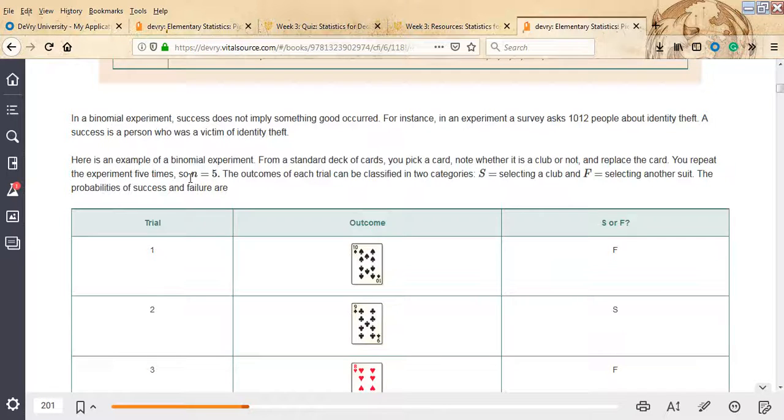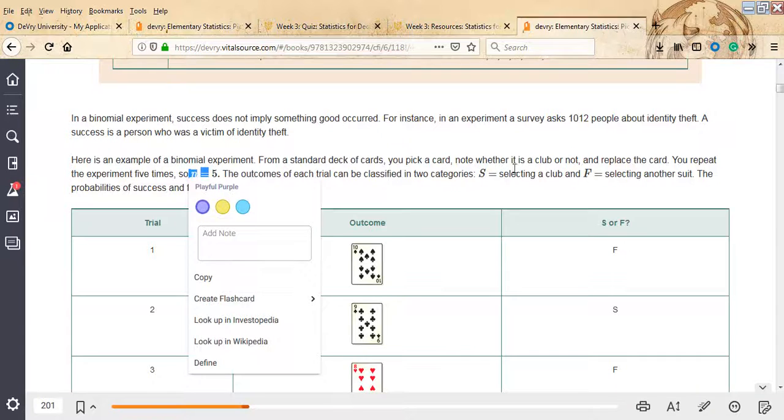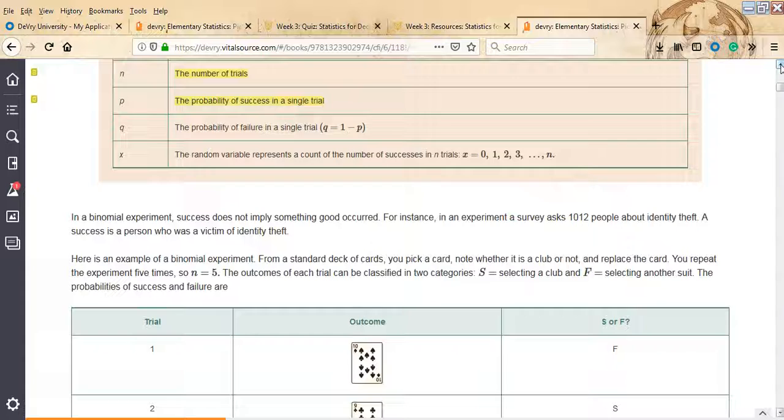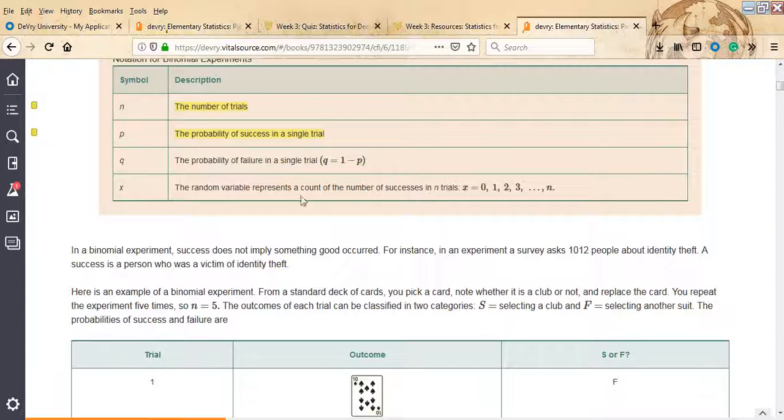So here we have the n is 5, and S, or success, which we've also called P. So this could be a little p right here, selecting a club, and Q, or a failure, is selecting any other suit. So even though there's 4 potential outcomes, only one is a success, and anything other than that is a failure.